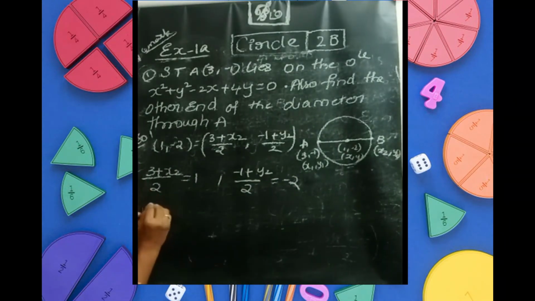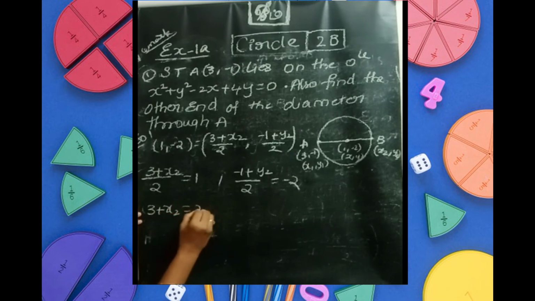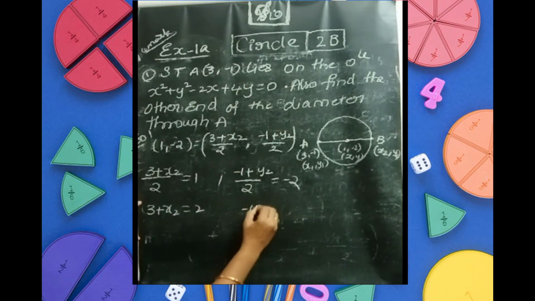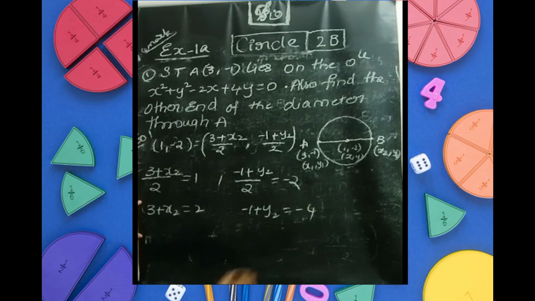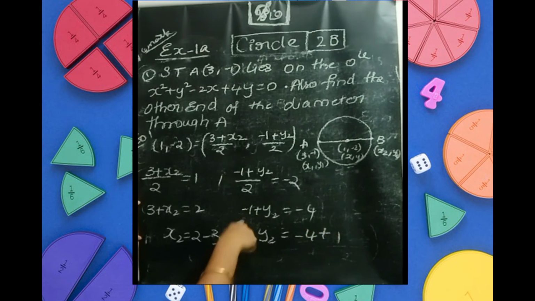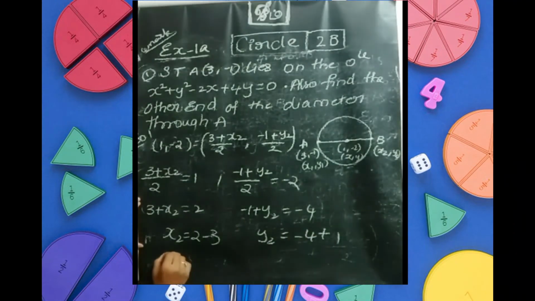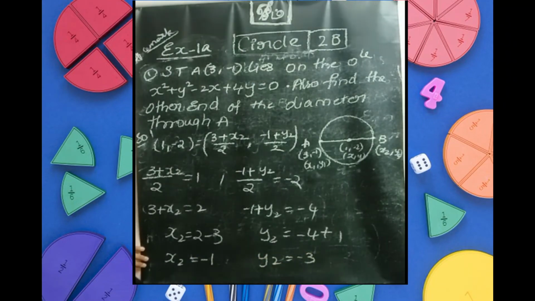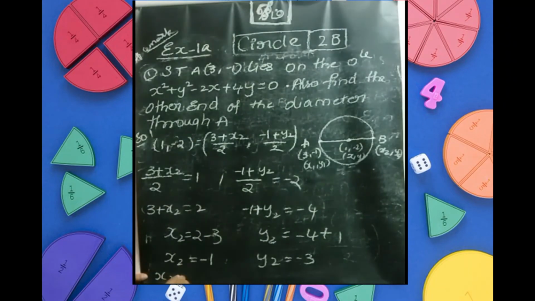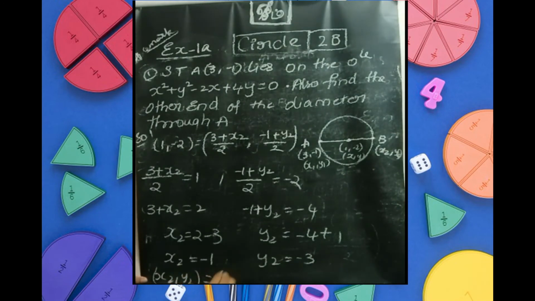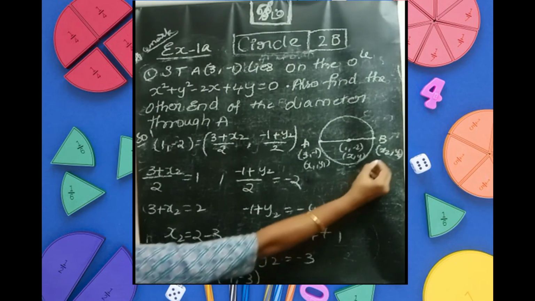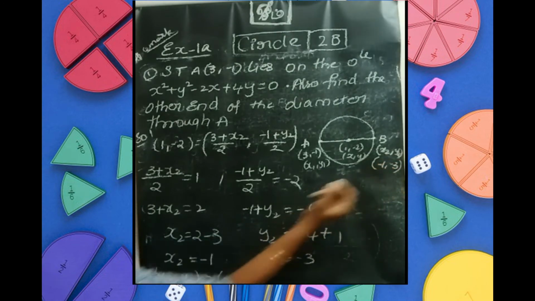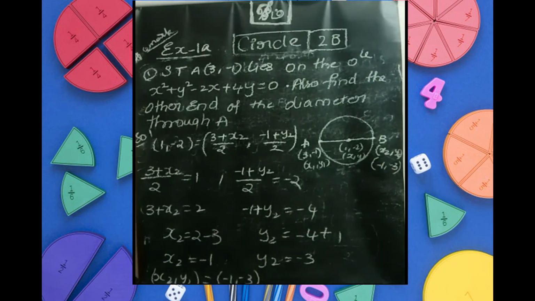Now 3 plus x2 equals 2, and minus 1 plus y2 equals minus 4. x2 equals 2 minus 3, y2 equals minus 4, and this minus when it goes to that side means plus 1. x2 equals minus 1, y2 equals minus 3. That's it. The x2 comma y2 equals minus 1 comma minus 3. This is what they have asked you to find.